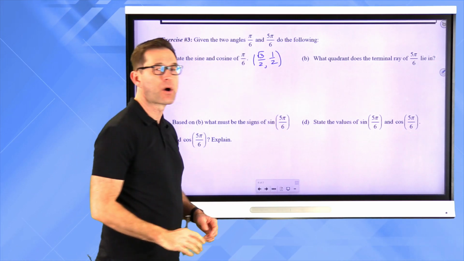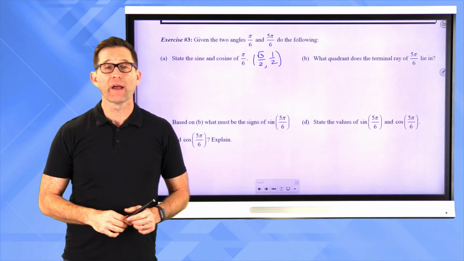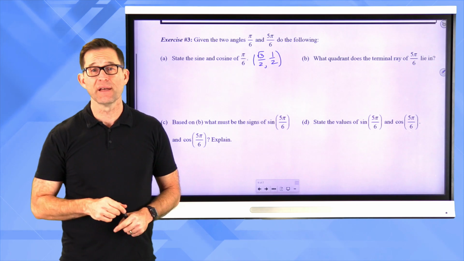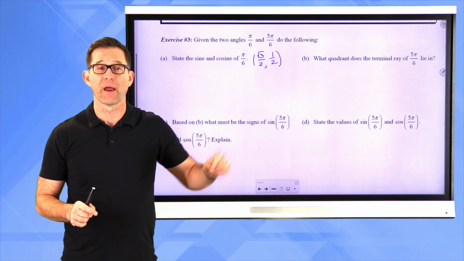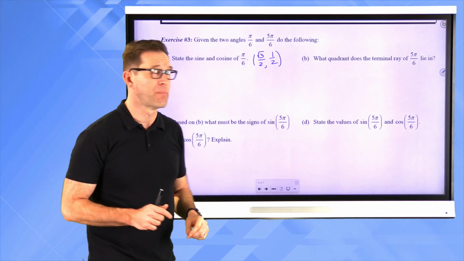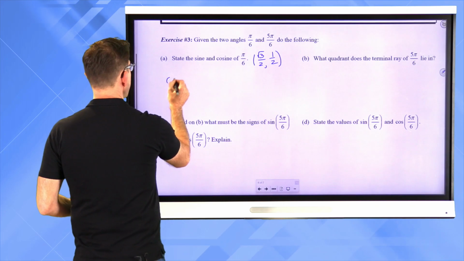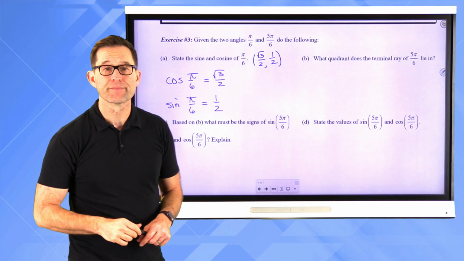And remember, when we defined sine and cosine in our last lesson, we defined the cosine as being the x-coordinate of the coordinate pair, and the sine as being the y-coordinate. So we can now say that the cosine of pi over 6 is equal to root 3 over 2, and the sine of pi over 6 is equal to 1/2.